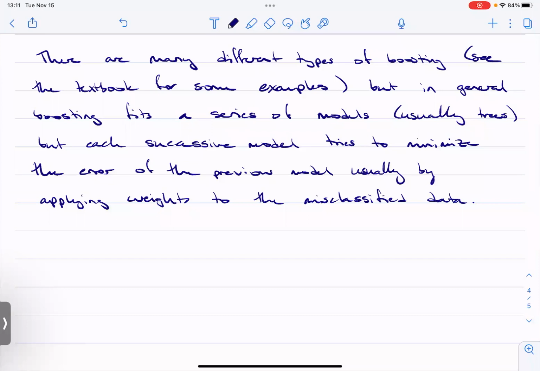Now, I do want you to read it, but in terms of what we're going to be doing, I want to focus on just the random forest and bagging.